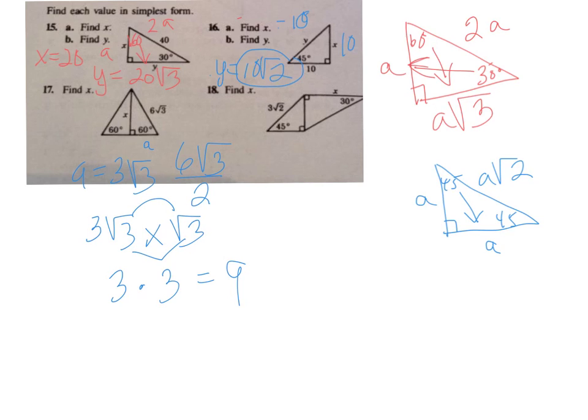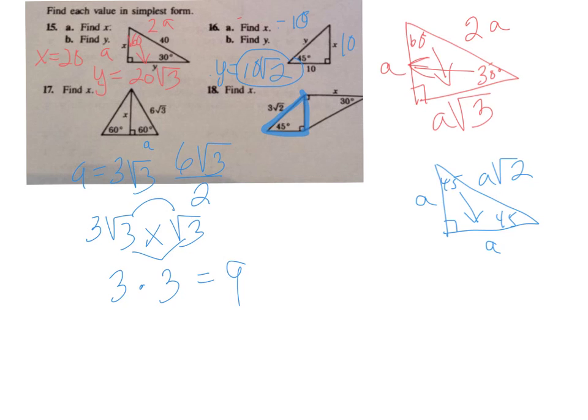This is a 45, 45, 90 triangle here. So I know that the hypotenuse is 3 times the square root of 2. The hypotenuse of a 45, 45 degree triangle is A times the square root of 2. So now I know the hypotenuse.